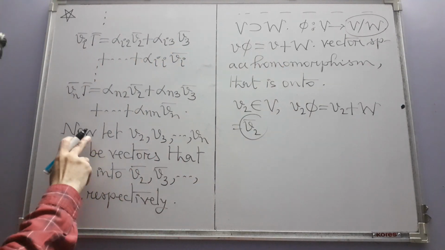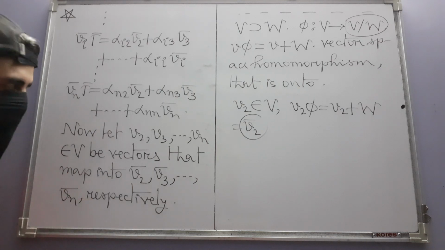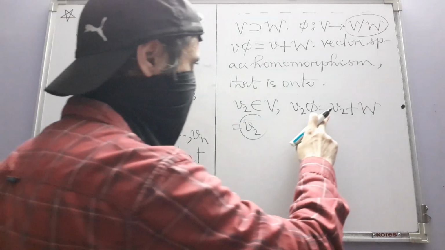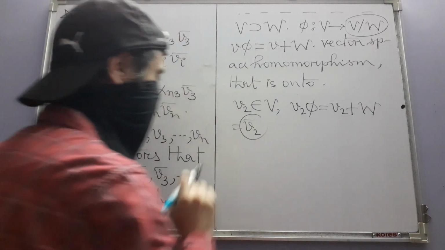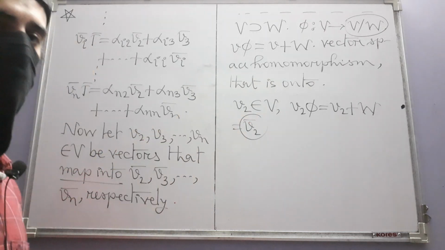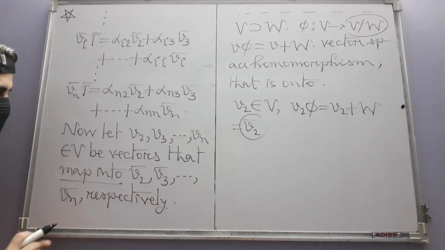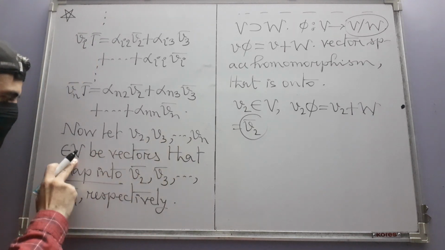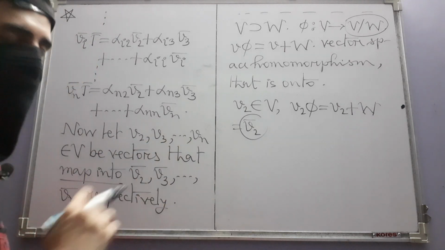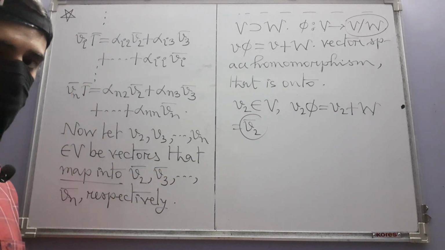That's why we say let these be vectors, not the vectors, some vectors for which the corresponding coset is this, and this "map into" is with respect to that map. Put simply, we are saying that these are some vectors in V which are giving us cosets which are these respectively.